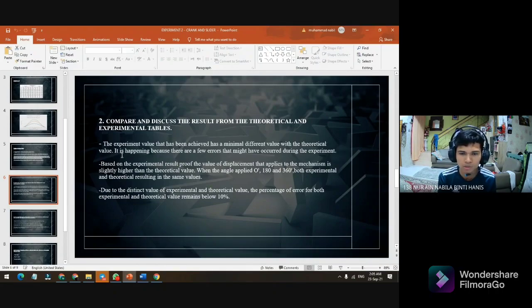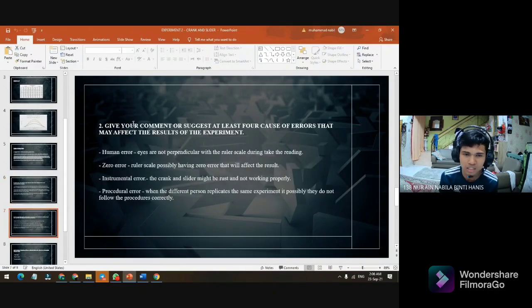Based on the experiment results, the experimental value applied to the mechanism is slightly higher than the theoretical value. When the angle applied is 0 degrees, 180, and 360, both experimental and theoretical results are the same. Despite the distinct values, the percentage of error between the experimental and theoretical values remains below 10%.